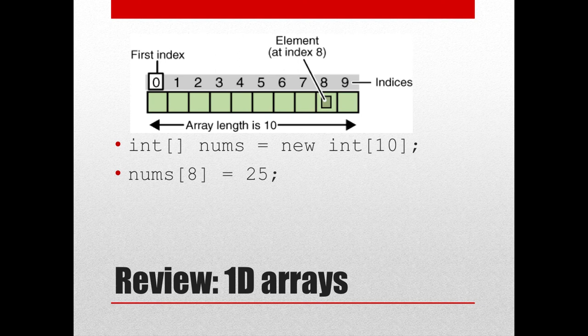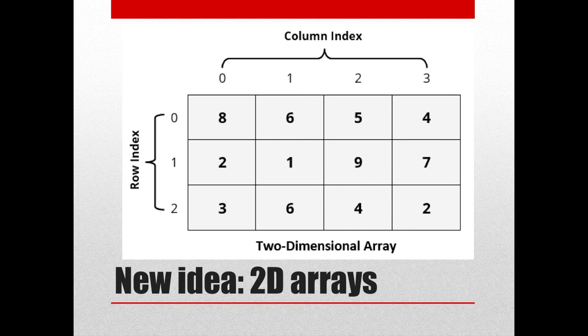Although I never used the term, we would call that a one-dimensional array, or just a plain old array. So now on to the big new idea, which is a two-dimensional array. A two-dimensional array is basically a grid. It's got rows and columns, and there are lots of situations where you might want to think about something being a two-dimensional array. Any graphic is a two-dimensional array of pixels. Heck, your screen is a two-dimensional array of pixels.